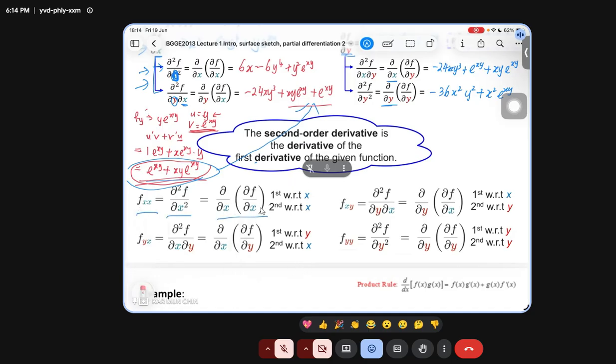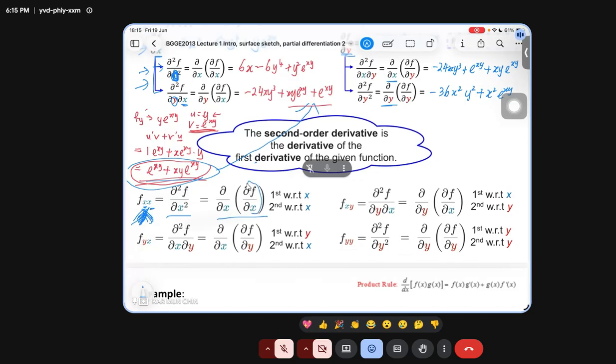If you see f_xx here, it is actually the first order derived with respect to x, and the second order derived with respect to x.